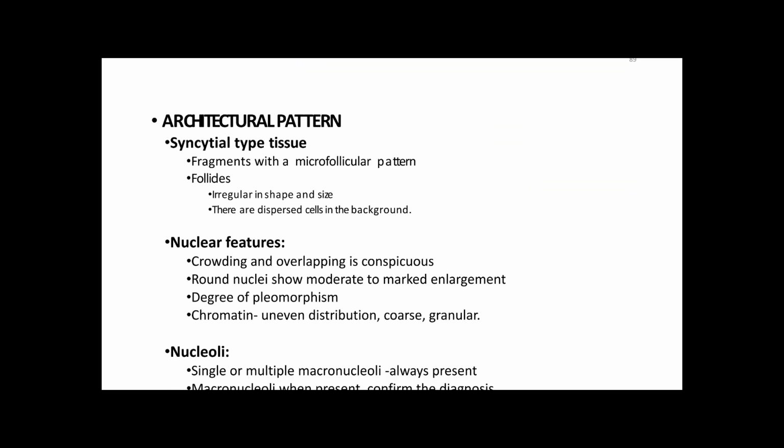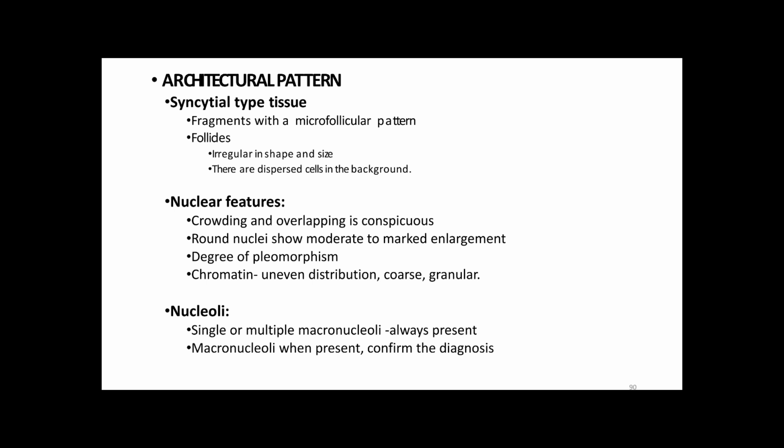Architectural pattern: syncytial type tissue, fragmented with a microfollicular pattern. When we consider the follicular cells, follicles are irregular in shape and size. There are dispersed cells in the background.